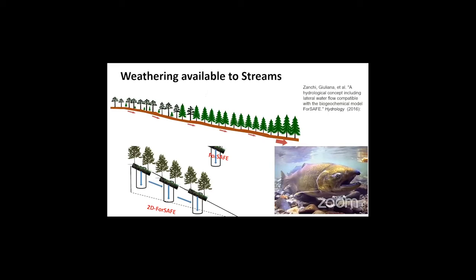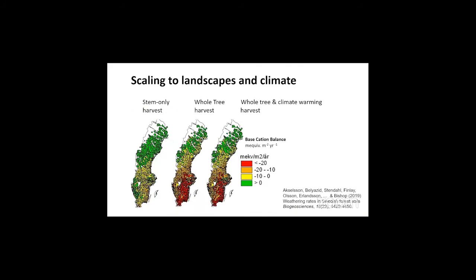In Scandinavia, aquatic ecosystems are some of those most threatened by acidification. The last step in the Quartz research program was scaling up from plot scale studies and laboratory studies to the landscape scale and climate change.